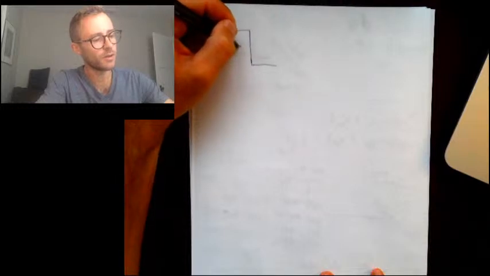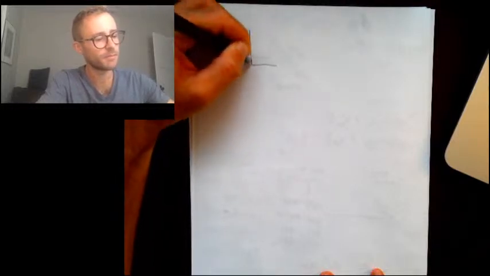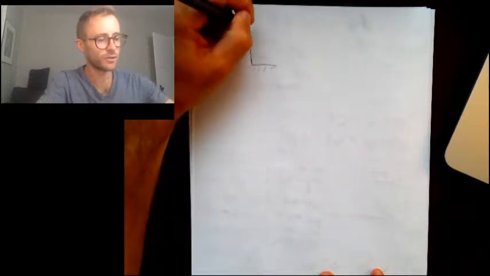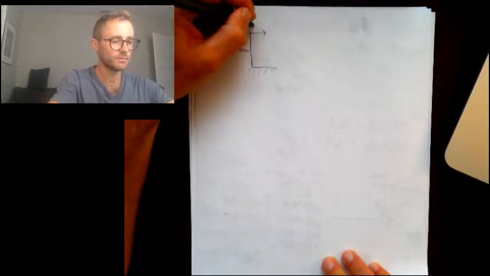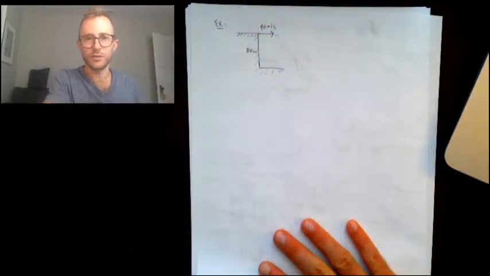So we have it launched from 80 meters high, okay? And it's launched horizontally with a speed of 90 meters per second. I did say 90 meters per second, right? Yeah. And it goes like this, and it hits the ground.